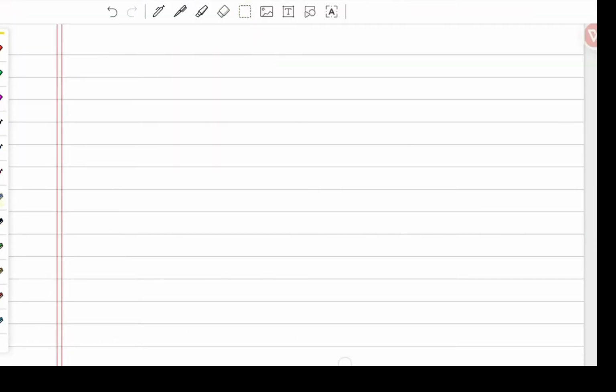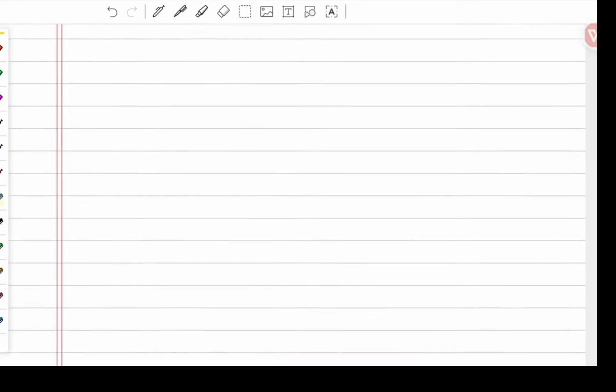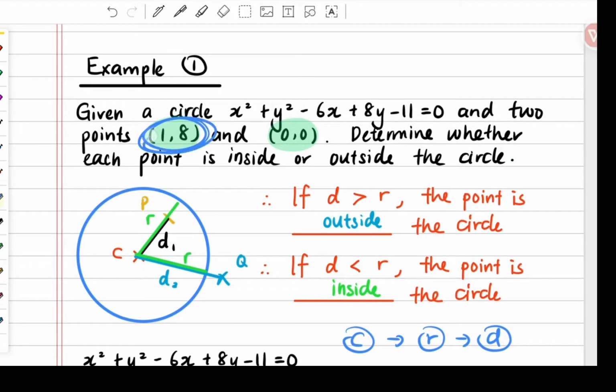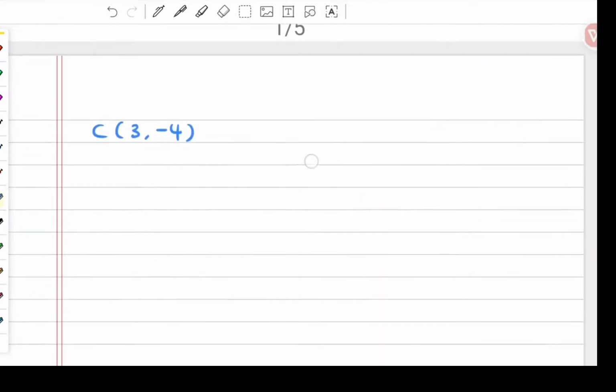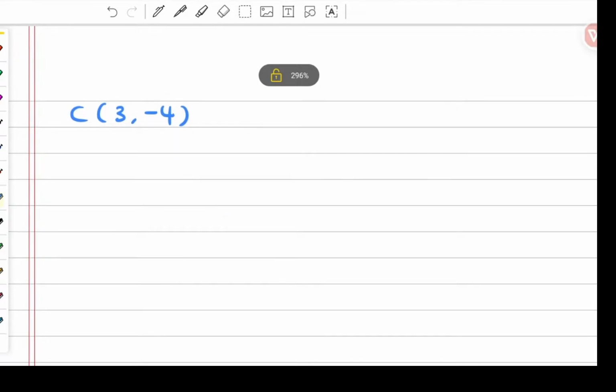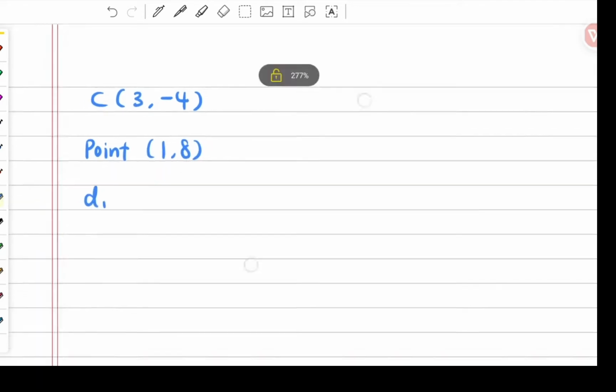Later we are going to compare by using this. Okay, so after we have found the center, which is (3, -4), and we also have found the radius, which is equal to 6 units, now we need to find the distance. So just now we have 2 points, right? (1, 8) and also (0, 0). So we are going to find the distance of these points from the center. Let's say for point (1, 8), the distance we call d1.